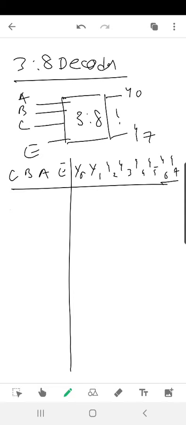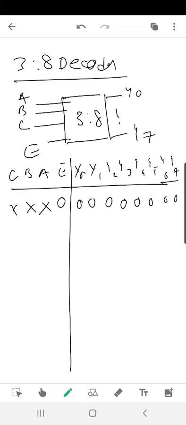Now when the enable signal is 0, since it is again an active high decoder, irrespective of our input the output will remain 0 at all the output lines. Because it is an active high decoder, the value of enable should be 1, only then our decoder will work. So when the value of enable is 1, we have 3 inputs, so the total number of input combinations will be 8.